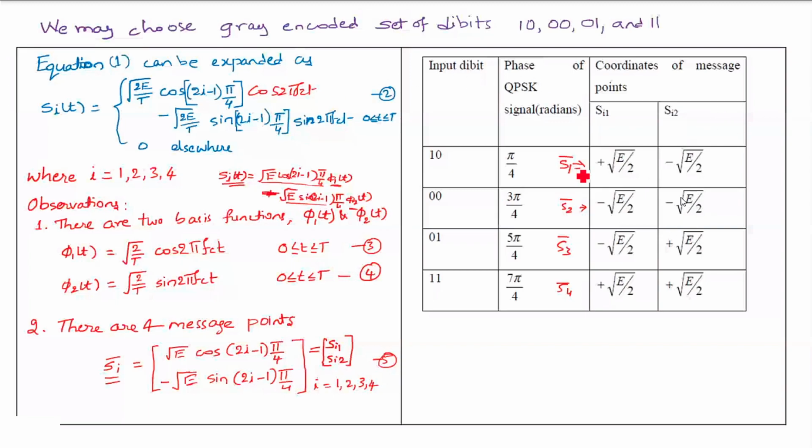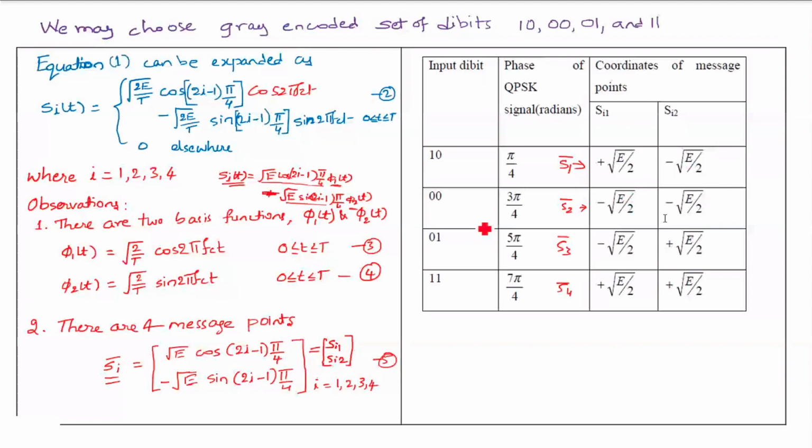Now you can see for i equal to 1, square root of E cos((2i minus 1) pi by 4). For i equal to 1, cos pi by 4 is how much? Cos pi by 4 is 1 by root 2, so square root of E by 2 and minus square root of E by 2.